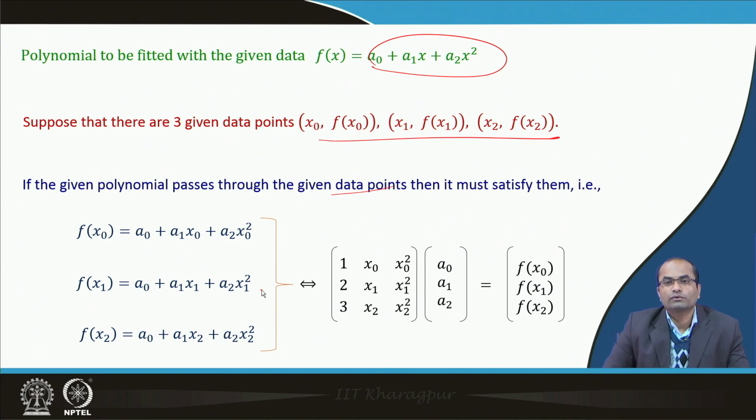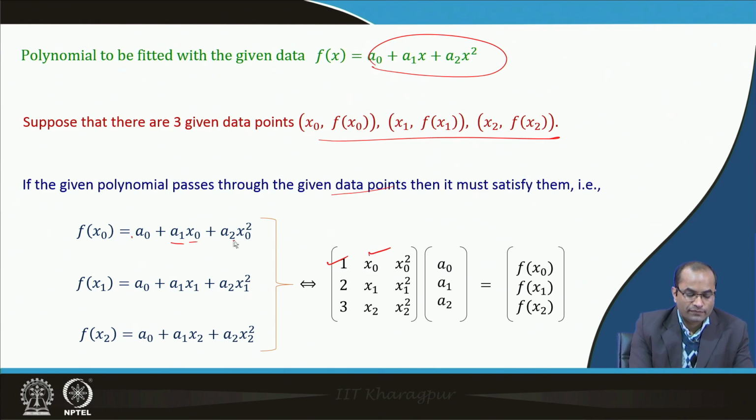This we can also rewrite in a matrix vector form. So, here the matrix has the coefficient of a naught, that is 1 here, the coefficient of a 1, that is x naught, and the coefficient of a 2, that is x naught square. Similarly, in the next row we have the coefficient of a naught, that is 1.